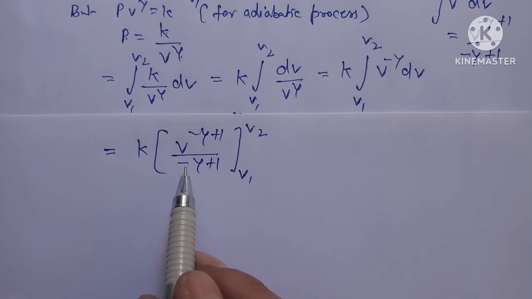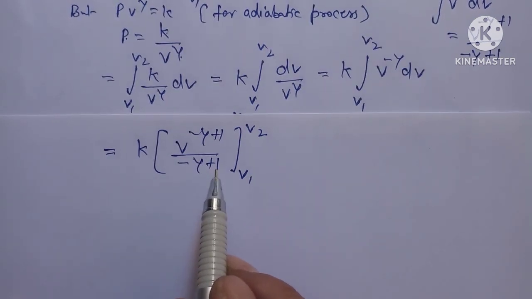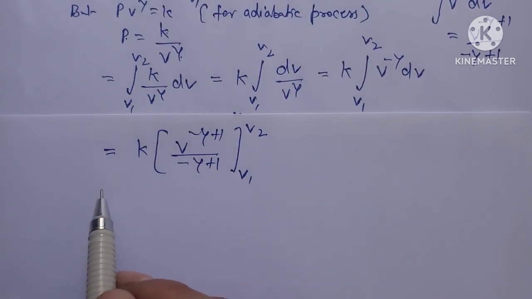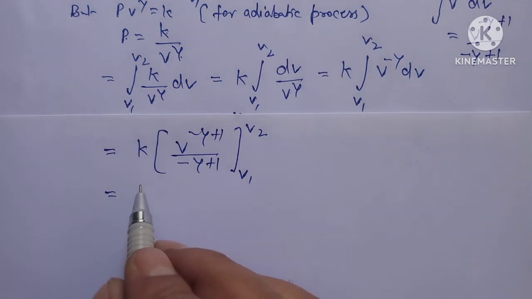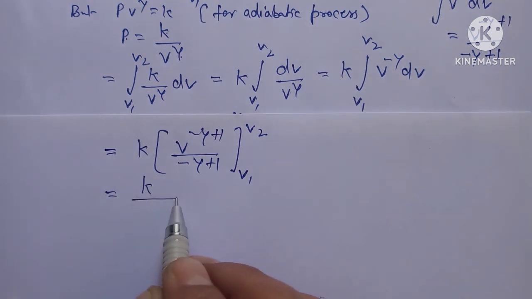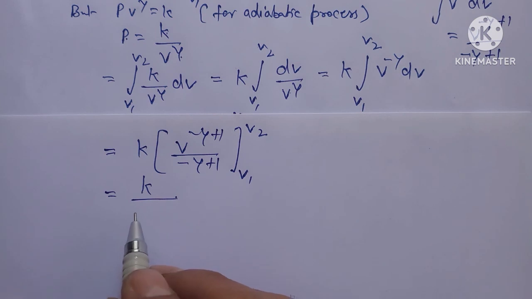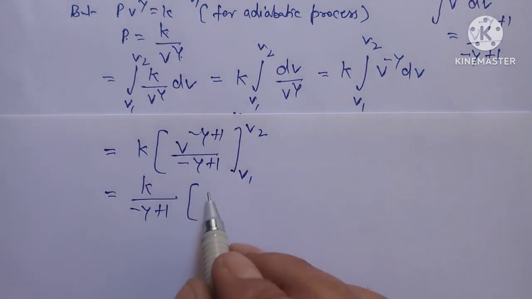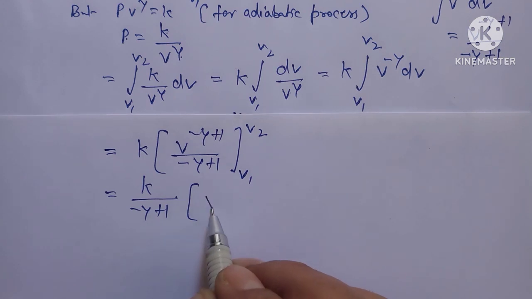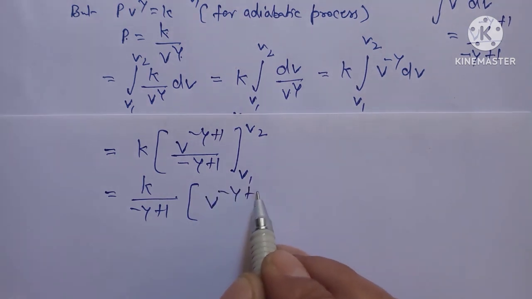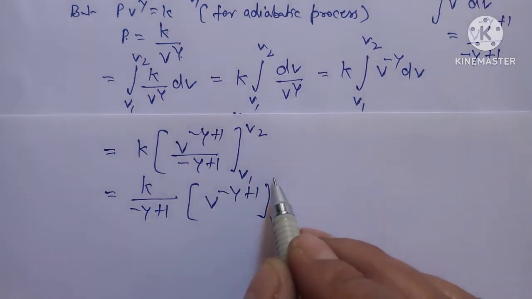Now we take (-gamma+1) outside. So here we get K over (-gamma+1), and inside we are left with V^(-gamma+1) from V1 to V2.